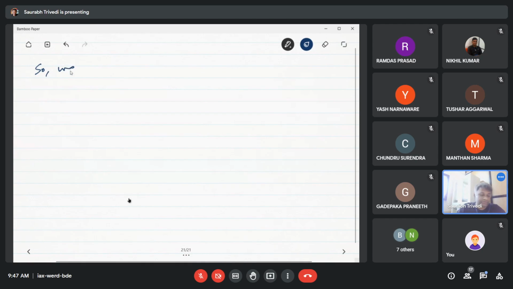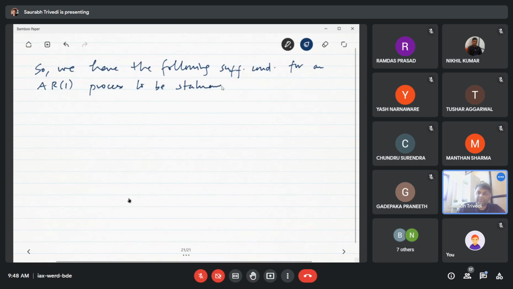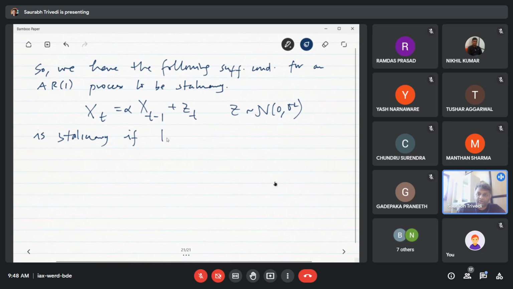So we have the following sufficient condition for an AR1 process: xt equals alpha xt minus 1 plus zt, where zt is normally distributed with mean mu and variance sigma squared, is stationary if mod alpha is less than 1. Okay.